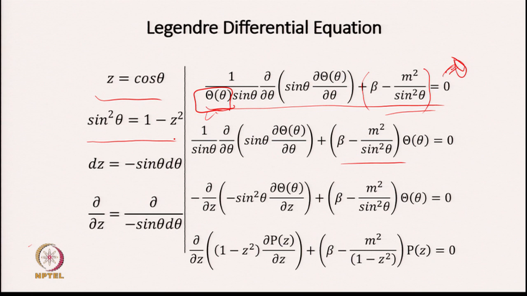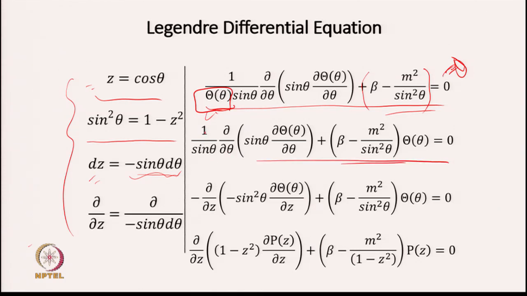Now, if we differentiate z is equal to cos theta, we get dz is equal to minus sin theta d theta. What that means is del by del z is simply d by minus sin theta d theta. Once we assume this, we are going to simplify the second equation.